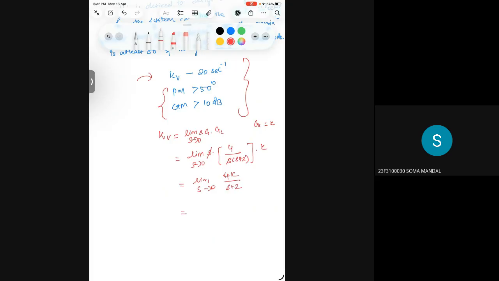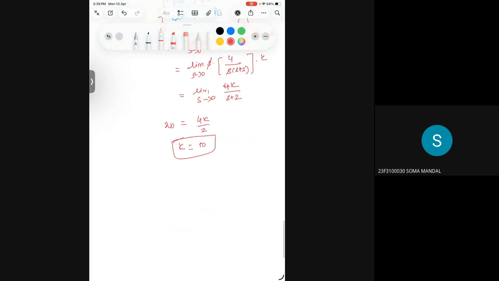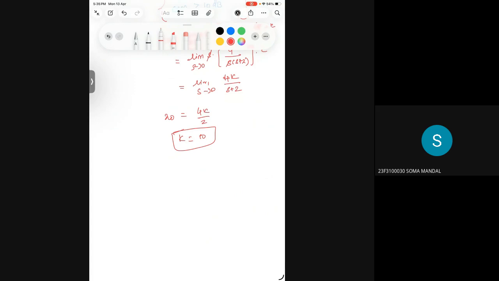As s tends to 0, this will be 4K by 2 equal to 20, so K equals 10. So my initial gain K should be 10, so that I get the steady state error value Kv equal to 20. If my system is 4 into 10 divided by s into (s plus 2), and I find the velocity error constant for this, it will be 20.